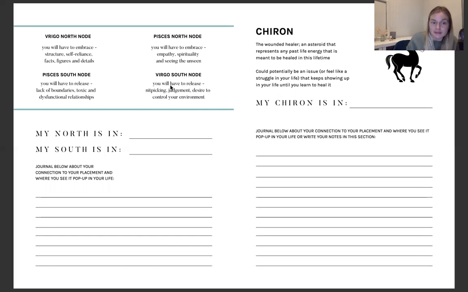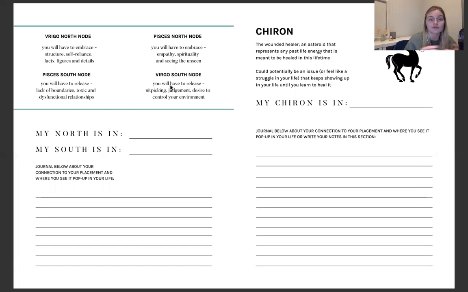My Chiron is in Libra. So the key is in relationships. It's in one-to-ones. Now, it doesn't necessarily mean romantic relationships. It could, but any kind of relationships, like learning maybe how to be an equal partner. The key is there. Or, right, like being that balanced, supportive partner.